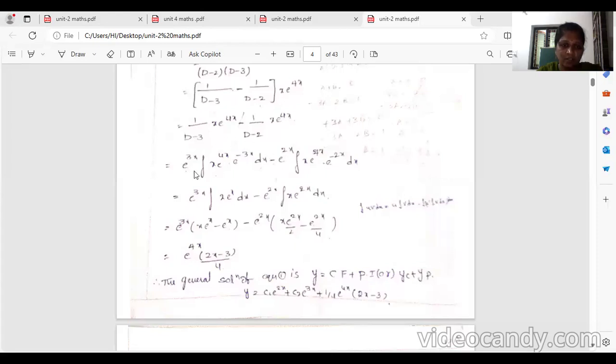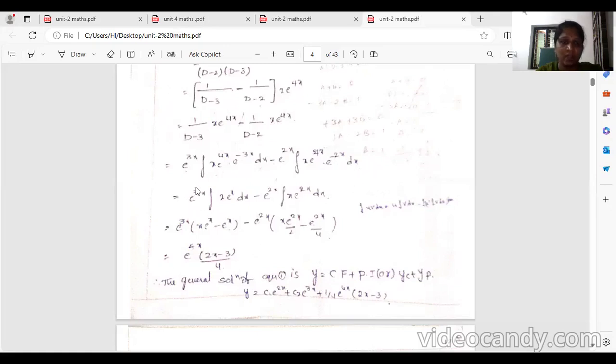This is the first part, minus e power 2x, since alpha 2 equals 2, integral of Q into e power minus 2x dx.